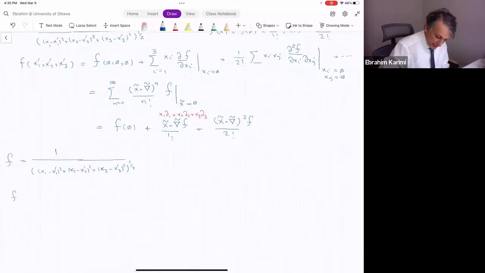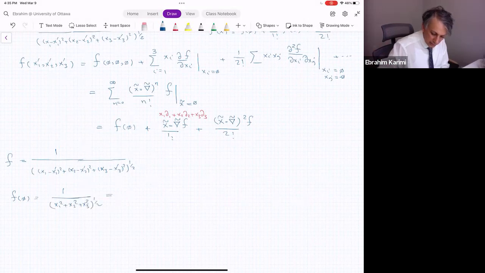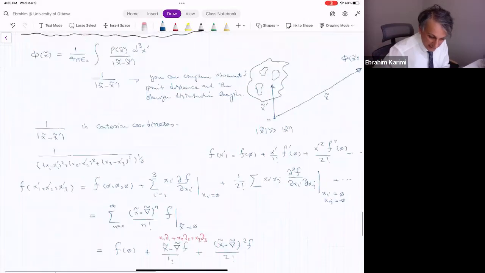The first term, f0, at x prime 1, x prime 2, x prime 3 equal to 0, will be 1 divided by (x1 squared plus x2 squared plus x3 squared) to the power of 1/2. This is equal to 1 divided by r, which is that distance.